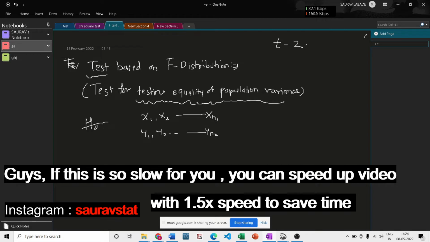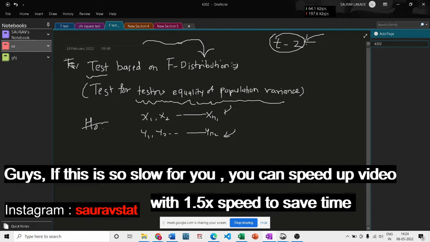Then I will check whether the variances of these two populations are equal or not. When I am considering the t test and z test, I am considering the population mean. This F distribution is used for testing the equality of the population variance.